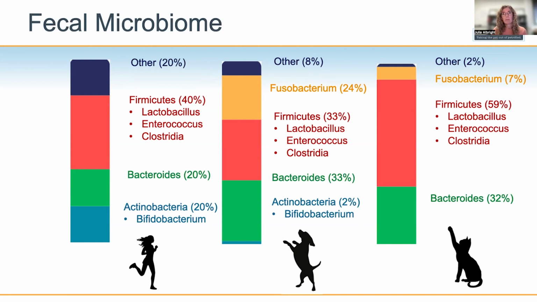So again, I am not a bacteriologist. I'm happy to get you some articles or webinars if you are more interested in learning about the different bacterial species. But in general, actinobacteria and bacteroides are considered to have most of the beneficial effects.